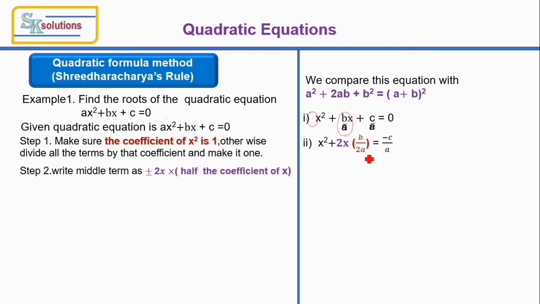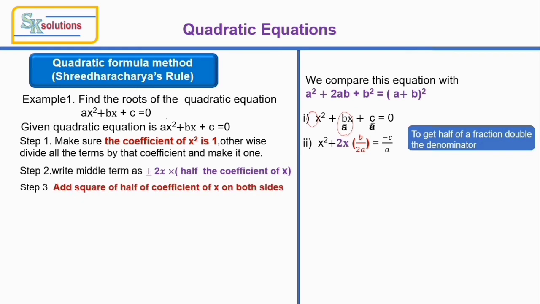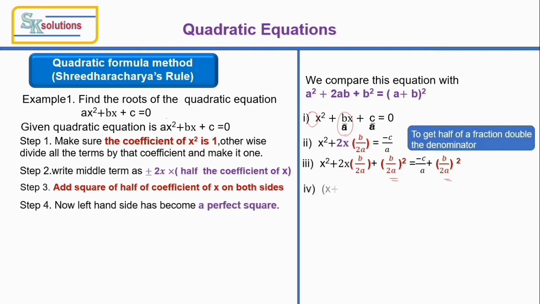So b by 2a is half of the coefficient of x. Next step says we need to add the square of half of the coefficient of x on both sides. You get like this, and this has become the square of x plus b by 2a.